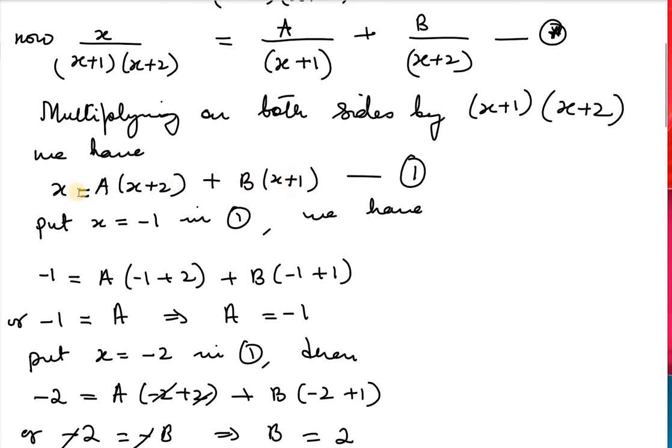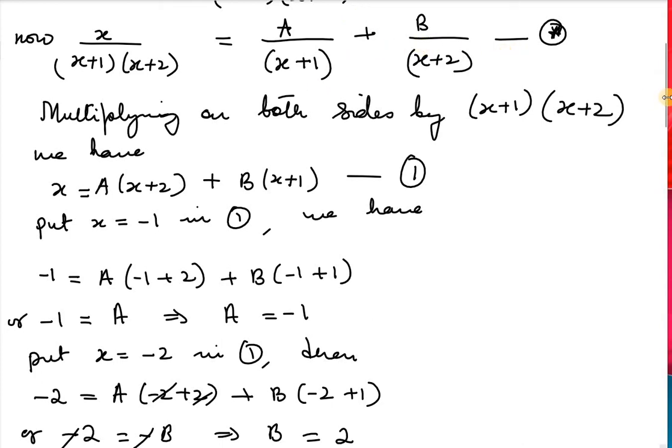You can find the values of a and b from this equation 1. To find a, you put x equal to minus 1 so that this part will vanish. Next, find b by putting x equal to minus 2 so that this term will vanish. After getting a and b, you substitute them in equation star.